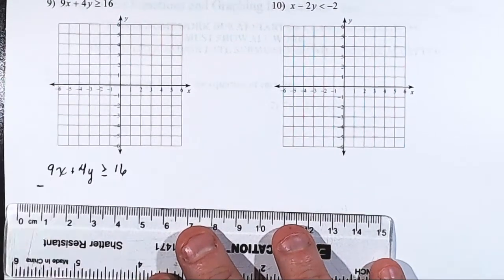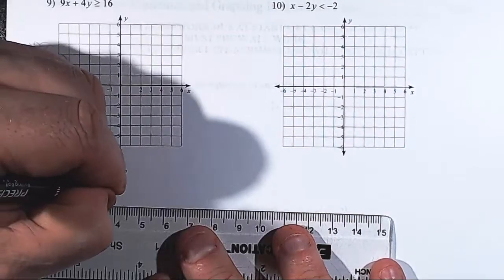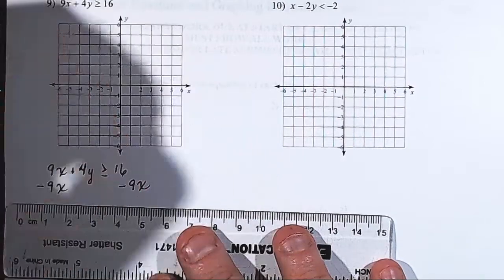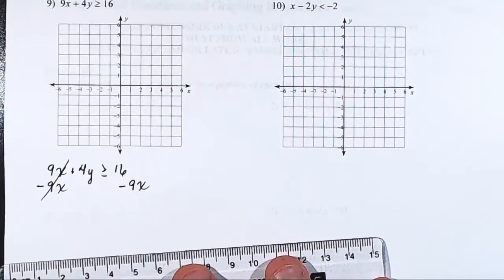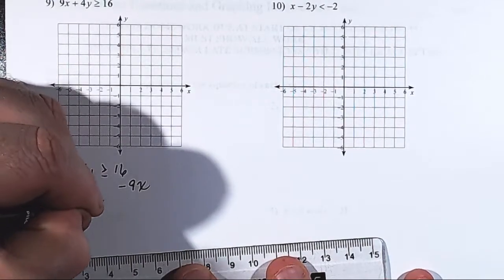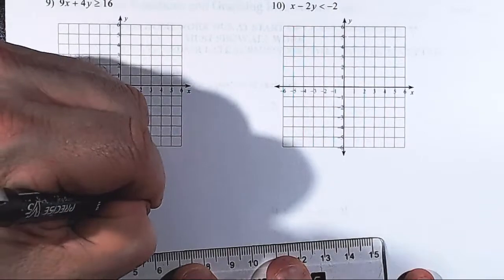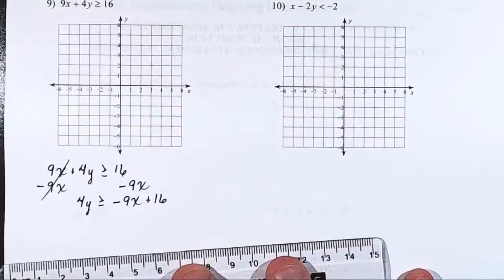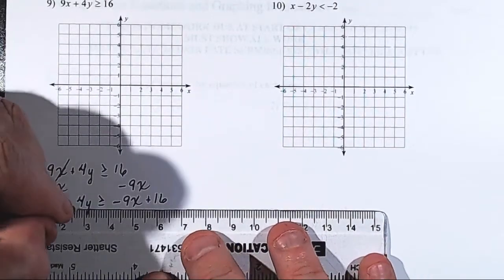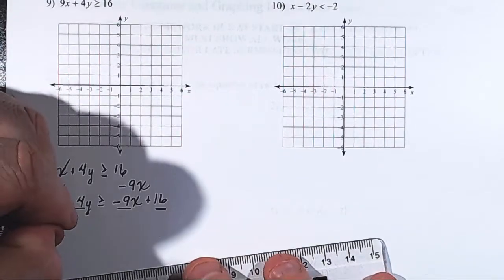Negative 9x, minus 9x on both sides. So we'll subtract 9x from both sides. Now we have 4y greater than or equal to negative 9x plus 16. And to get y by itself, we will divide everything by 4.